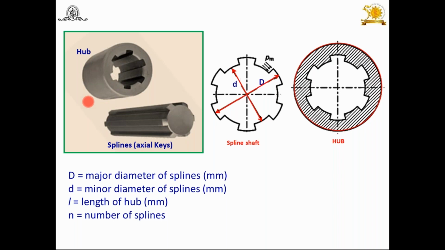You will find them in gearboxes: how are you going to shift the gears from gear 1, gear 2, gear 3? You shift the gear positions because of these splines, because spline shafts are used in gearboxes.